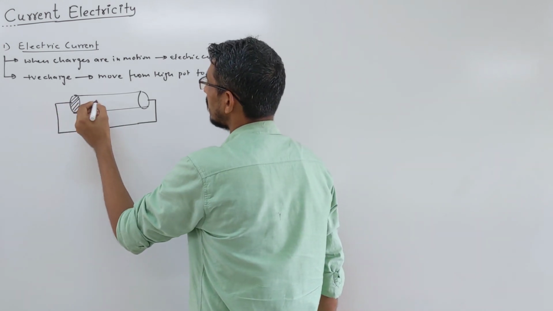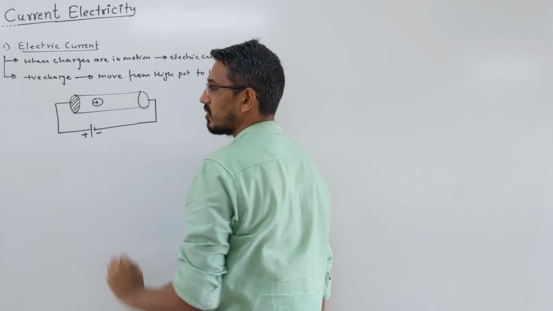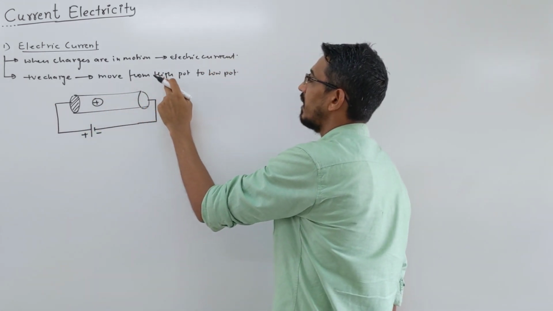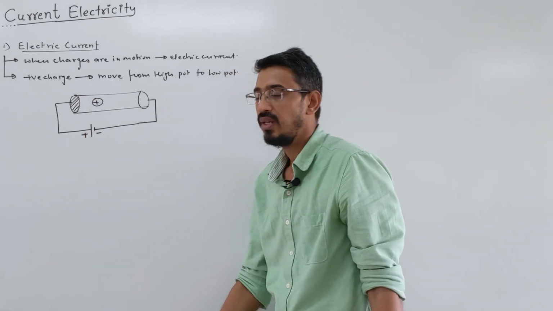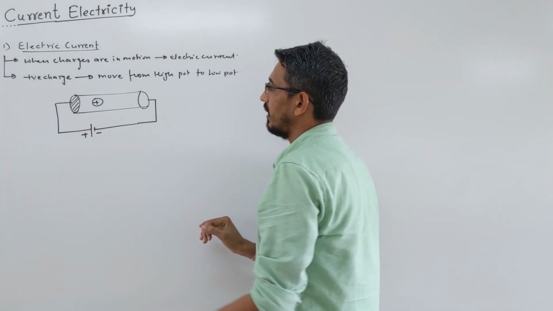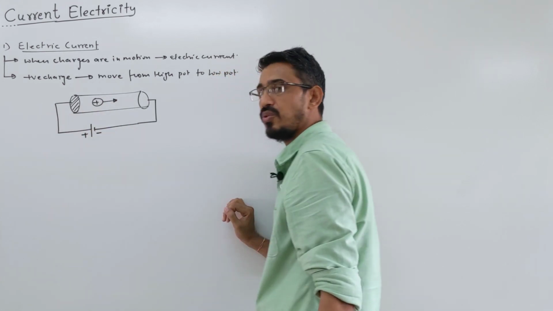Still, suppose you have a positive charge. What is the direction of positive charge? It moves from high potential to low potential. In case of a battery, the positive terminal is high potential and this is low potential, right? So they will move from this terminal. This is the direction of flow of your positive charges.